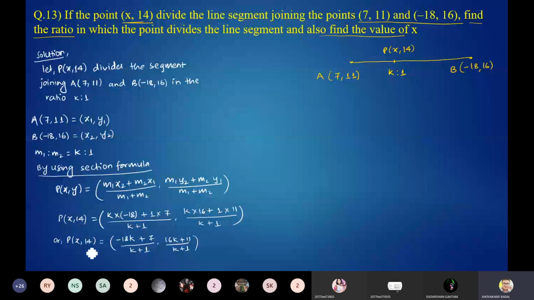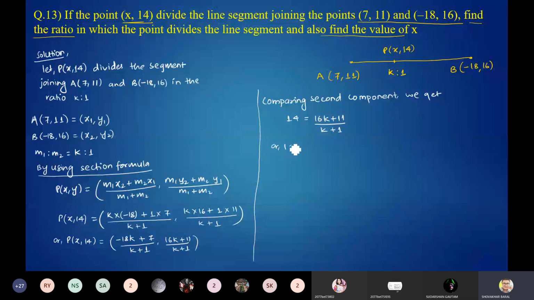So now how to find the value of k? We cannot compare the first component because it has a variable. Always compare the component in which there is no variable. So comparing the second component, we get 14 equals (16k + 11) divided by (k + 1).